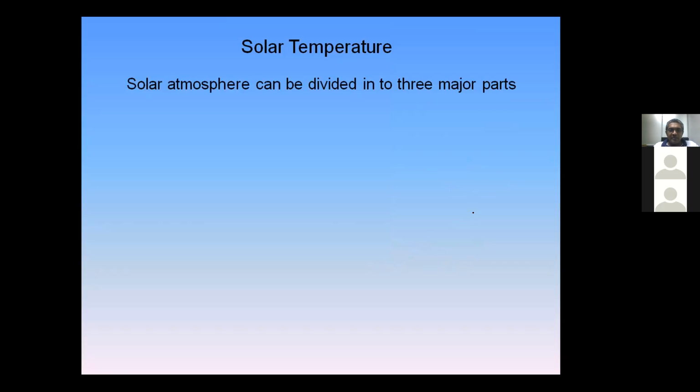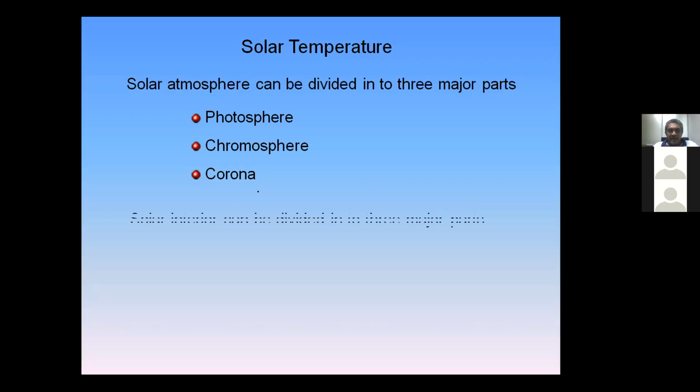Right, now we come to the temperature of the sun. The solar atmosphere can be divided into three major parts. Now let's see what these different areas of the sun are. Depending on the temperature, we can divide the solar atmosphere into three groups: photosphere, chromosphere, and corona.